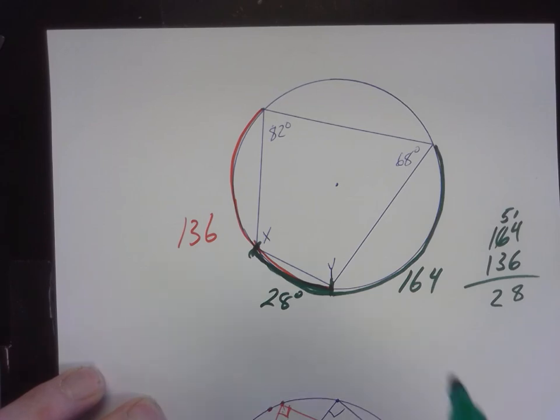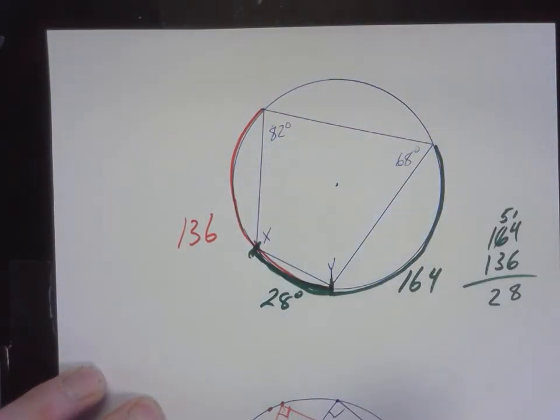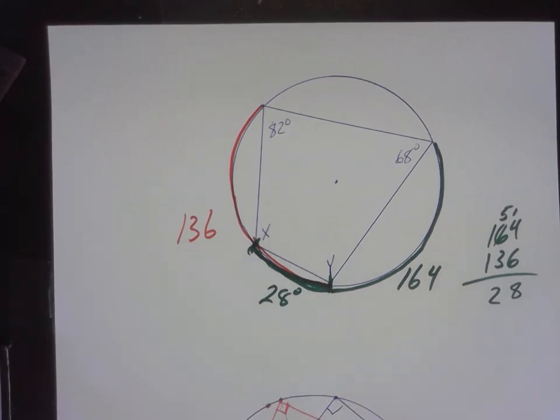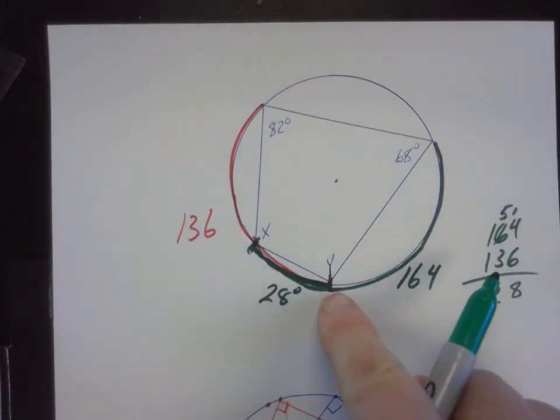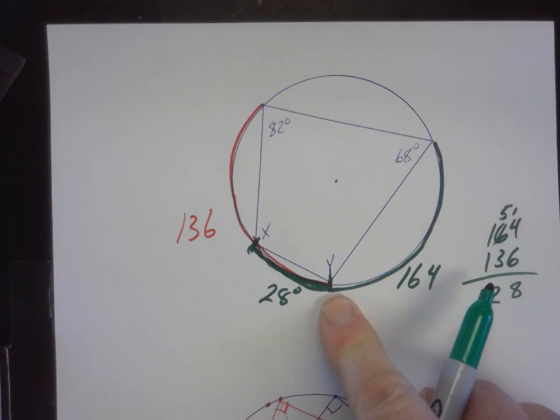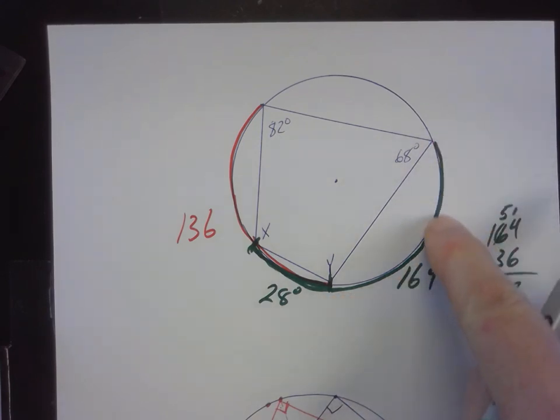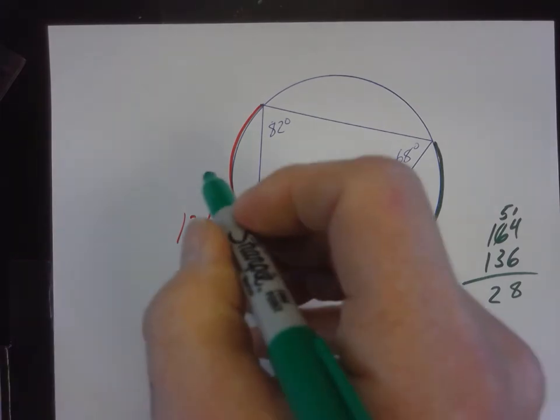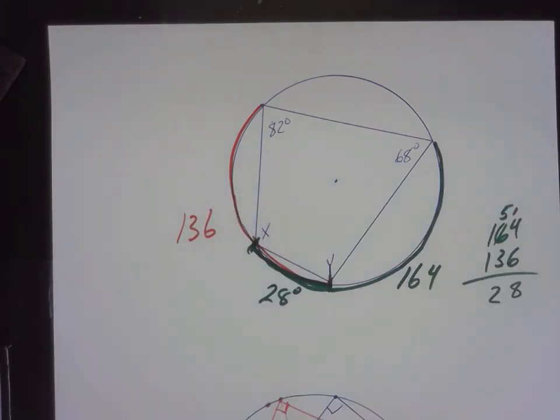Can you also tell me about this arc over here? 360 subtract 136, well, 136 goes all the way over to here, doesn't it? And so we have to subtract 28. Maybe we better label these each individually. 136 subtract the 28.